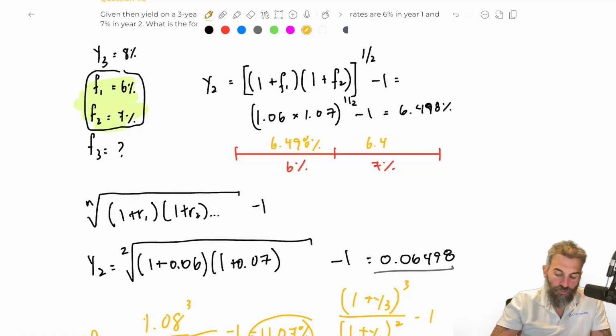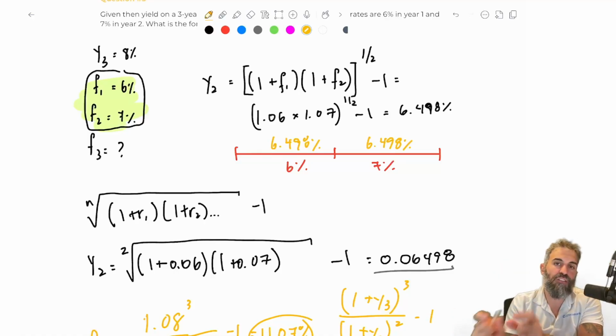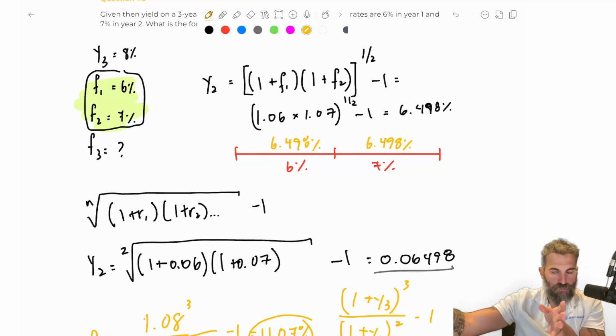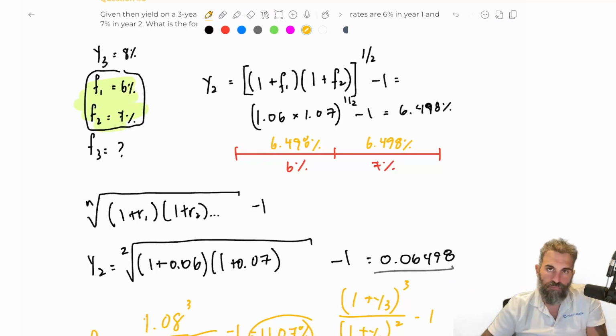That's the average. Now you're saying, well, the average of 6 and 7 is 6.5. You're right, but that's an arithmetic average. A geometric average takes into account compounding, so it's always a little bit less. So if you're making 6% in the first year and 7% in the second year, the average you're making is 6.498% per year for 2 years. So that's your 2-year yield.